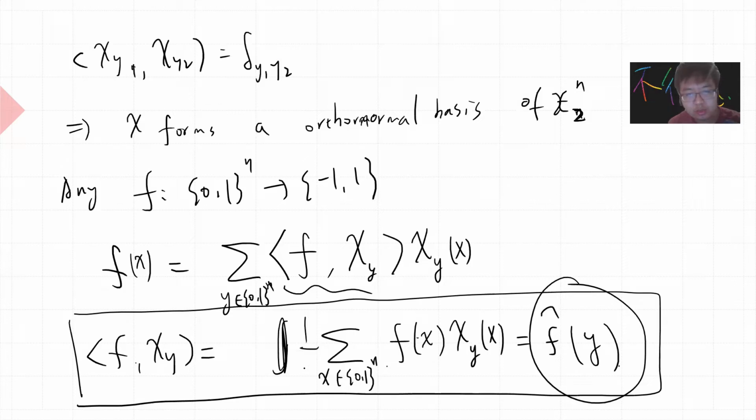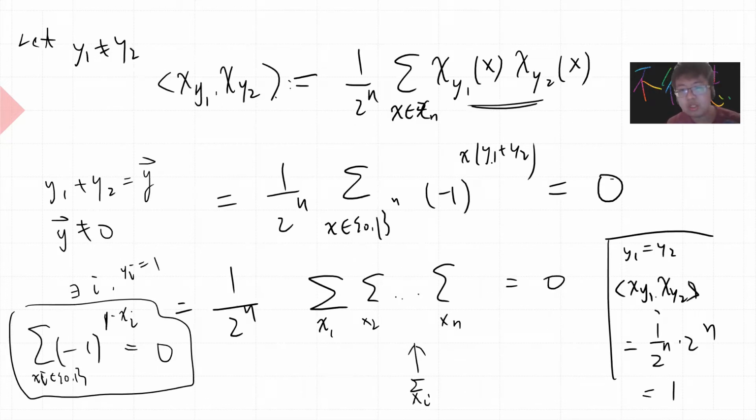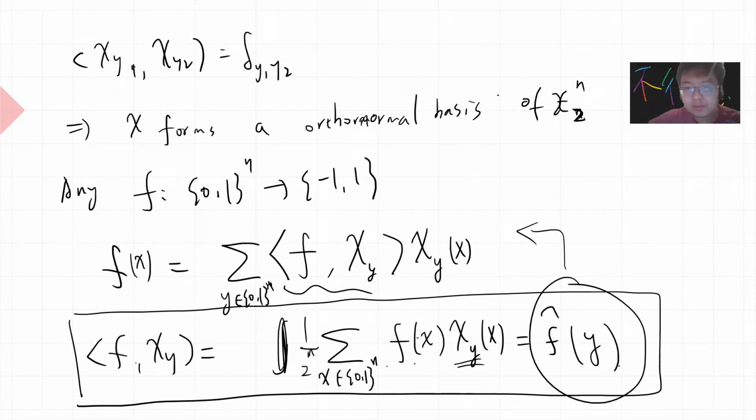It's an inner product, so 1 over 2 to the n, summed over all x, of f of x and chi y of x. This is the Fourier transformation of the Boolean function f, and then you get this expansion. The character in this case is just minus 1 to something, and if you replace it with the exponential of minus i omega t, then you get the real-line version.